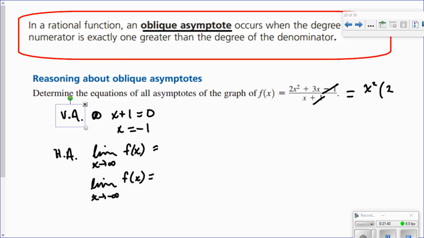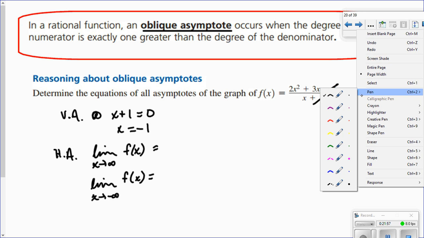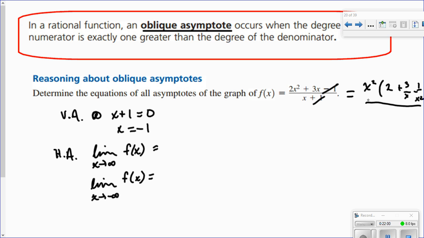So in the numerator I'd have 2, I'd have 3 over x, and a minus 1 over x squared. And then divided by, in the denominator, I'd have an x, and I'd have 1 over x, and I'd have a plus 1 over x squared.